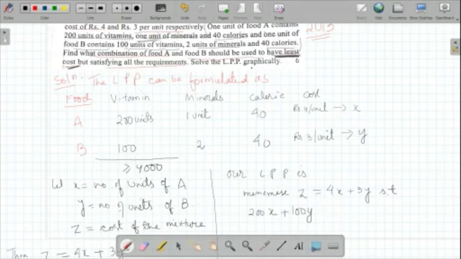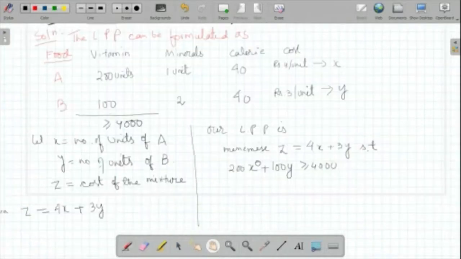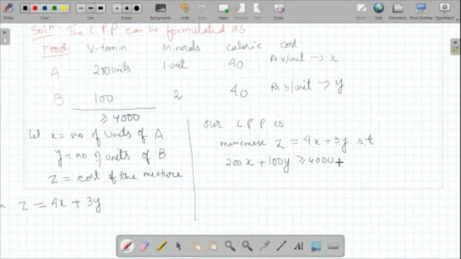It should be greater than or equal to 4,000. Dividing by 100, we get 2x plus y greater than or equal to 40. So that is my first equation.